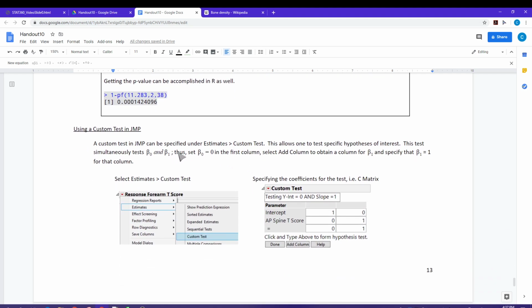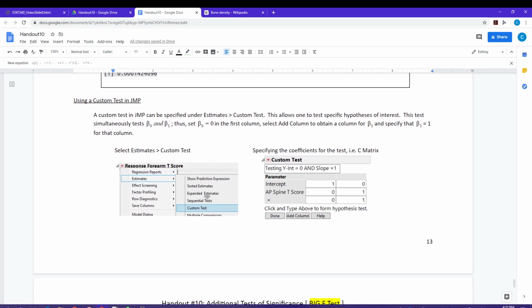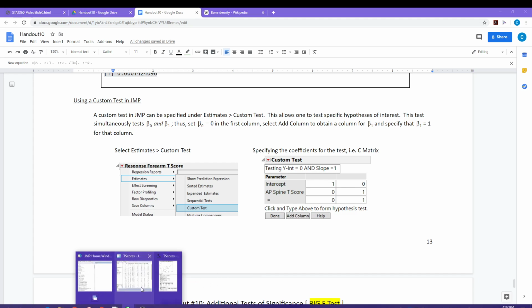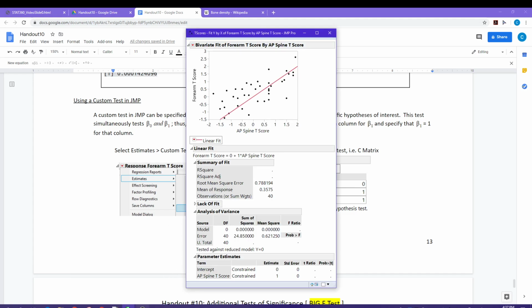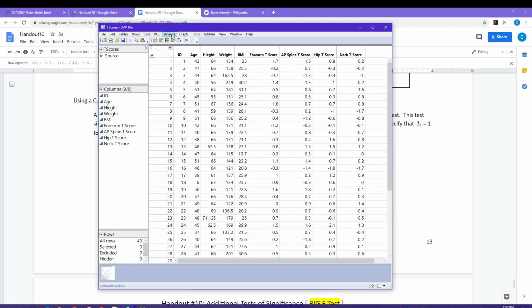Page 13, let's show you how to get this done in JMP. So what I need to do inside of JMP from my drop-down menu is select Estimates, Custom Test. This custom test window is going to pop up here. So let's go ahead and do that, and then I'll show you how to put those coefficients in there. From my drop down here, oops, I need to go under Fit Model to do this.